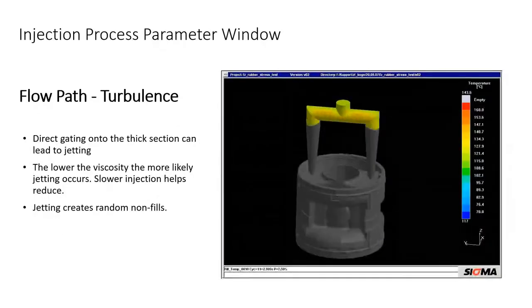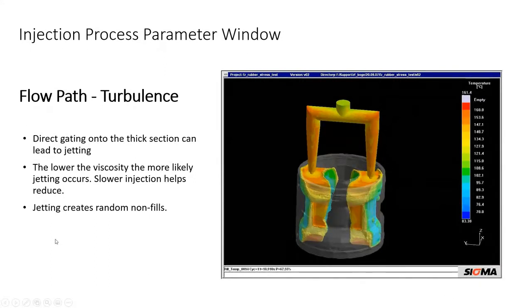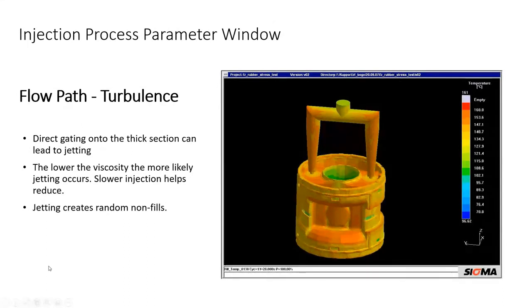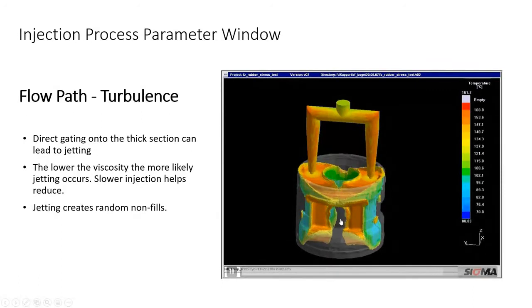And let me show you a couple more great videos of how flow path turbulence, for example, can show jetting effects and really make us want to change where we gate. If instead of gating here, maybe we wanted to gate from the edge so the material did not flow in this pattern that creates turbulence.